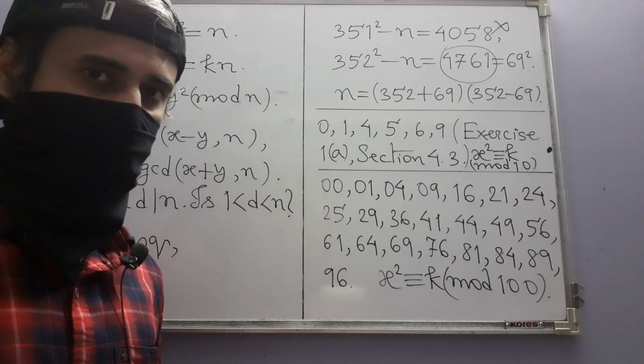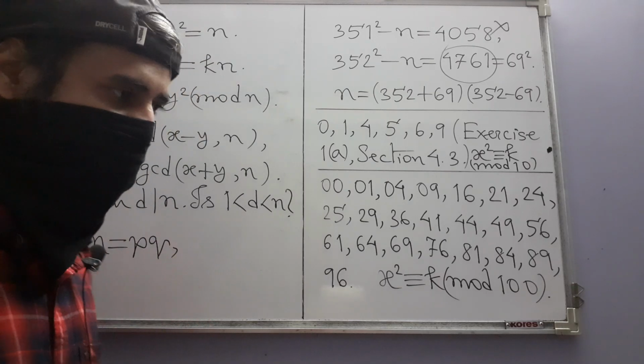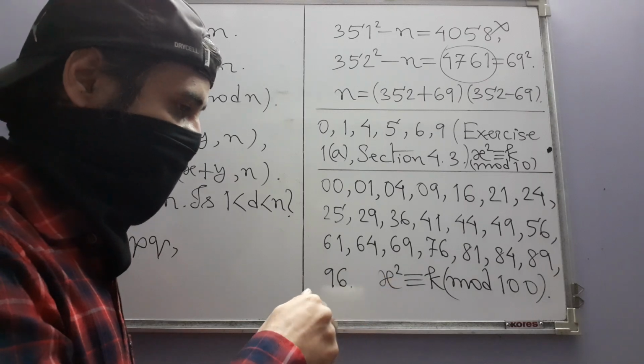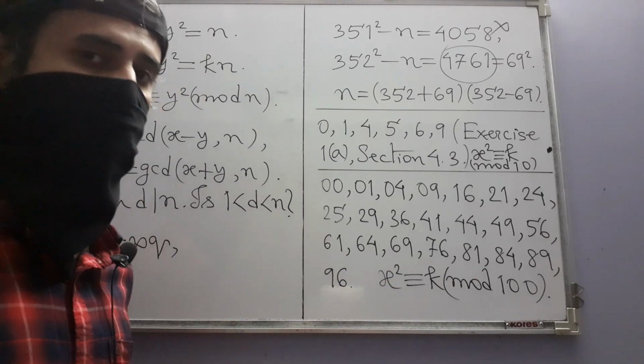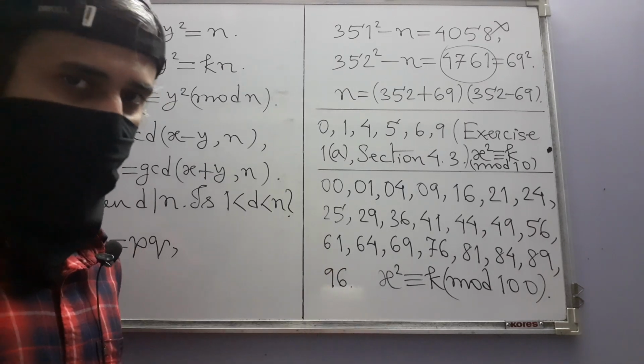No matter what you do, what your calculator does or what your computer does, it takes some time. However, if a number is given, finding its factors is much more difficult than, say, multiplying two or many numbers.